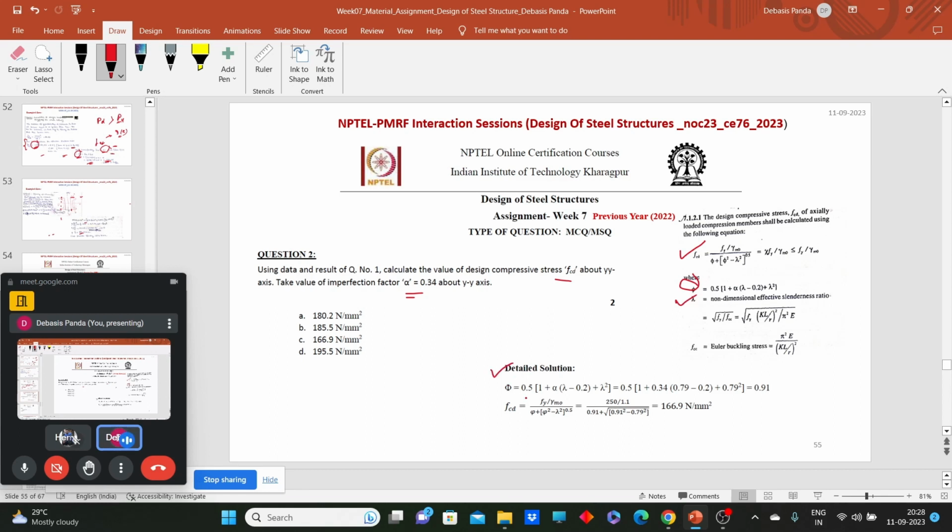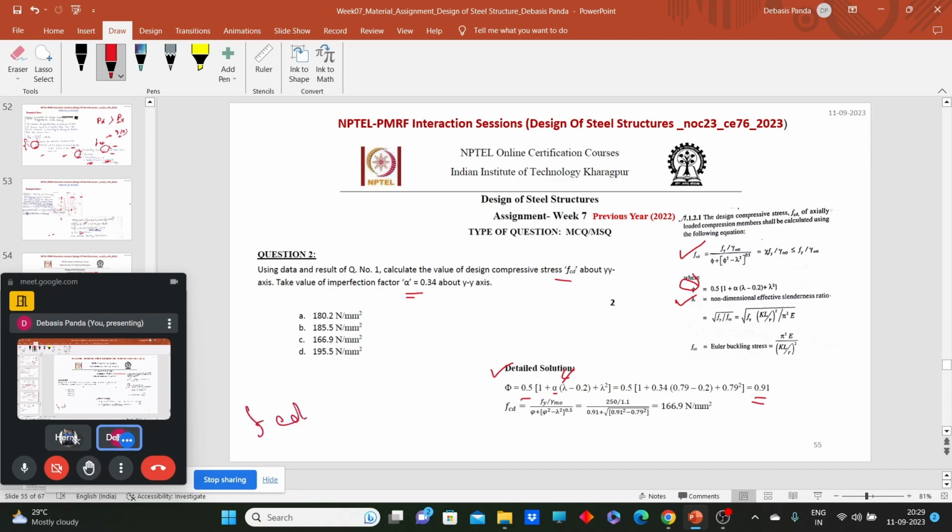Phi is equal to 0.5 into bracket 1 plus alpha, that is the imperfection factor, into (lambda minus 0.2) plus lambda square. Lambda we have calculated in the previous example. If we put all these values in the equation, the value of phi comes as 0.91. Now we put the phi value in the Fcd equation.